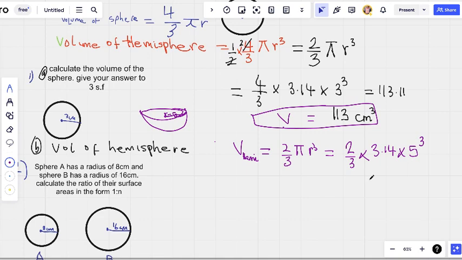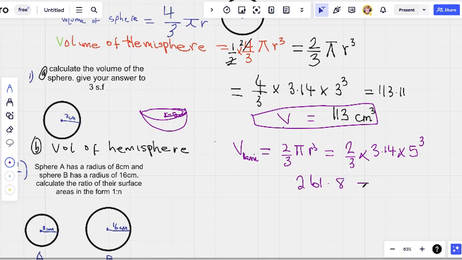When we key this in a calculator, 5 raised to power 3 is 5 times 5 times 5, which is 125. Then divide by 3. So we get something like 261.8, to three significant figures, we get 262.